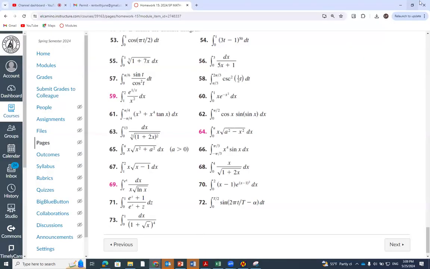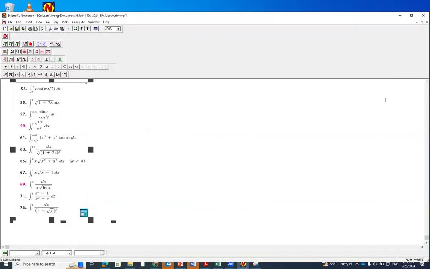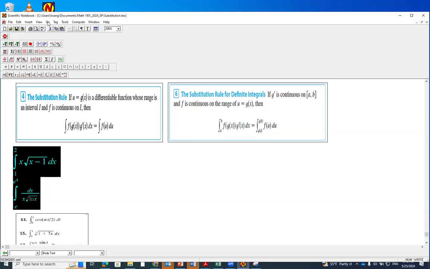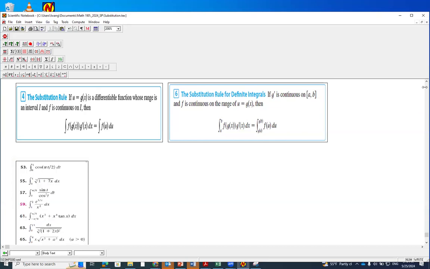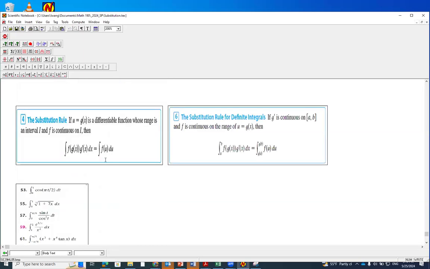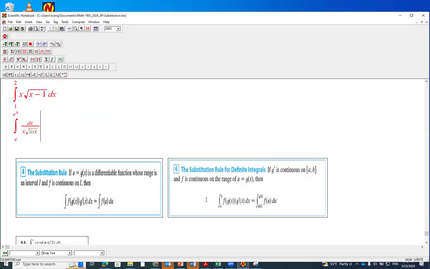Yes, it is. Okay. So we're going to work on these 2 questions from now on. Okay, so I'm going to bring them above the substitution rule. Of course, we're using substitution for definite integral.